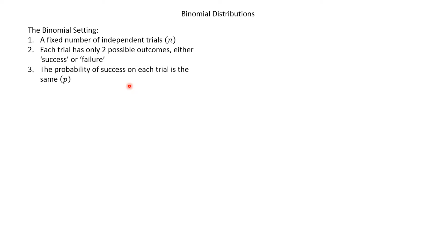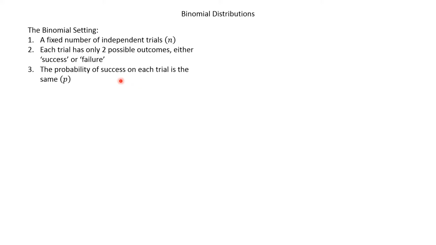And then the probability of success for each trial is going to be the same, and we call that P. So we have a fixed number of trials, only 2 possible things, the success is always the same, and then we look for what's the probability of getting a certain number of successes in those fixed trials.